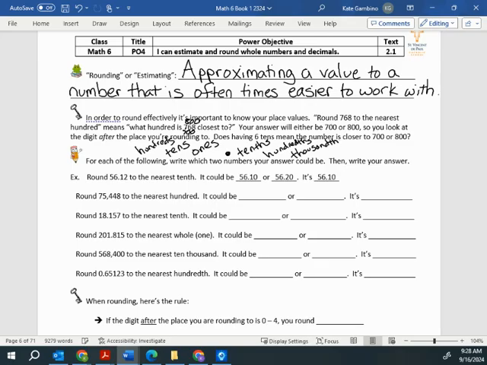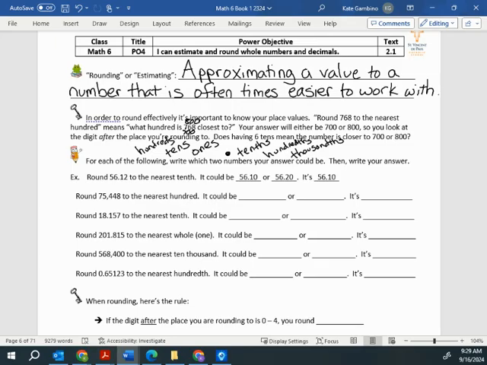It's important to remember that there is no ones place. When we look at those decimals, it automatically starts with the tenths place. So that first decimal value would be the tenths place.